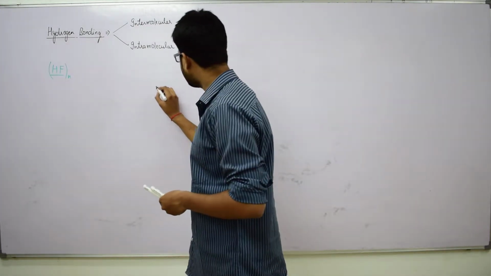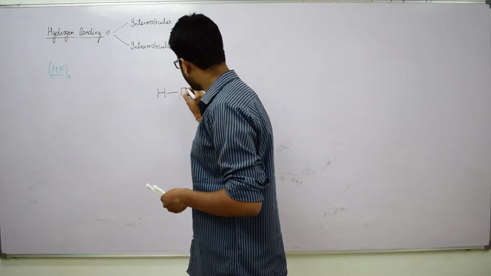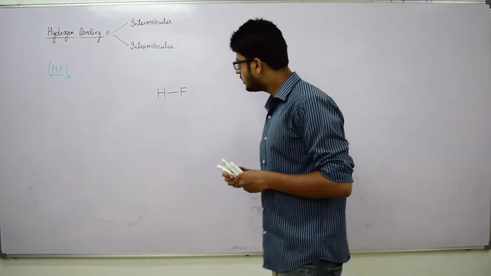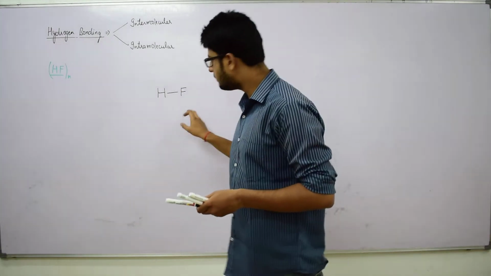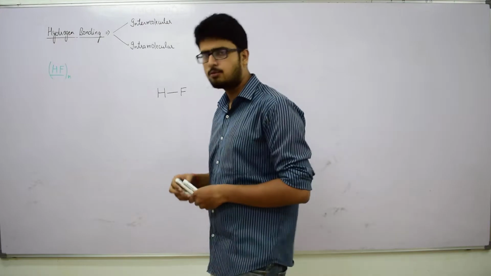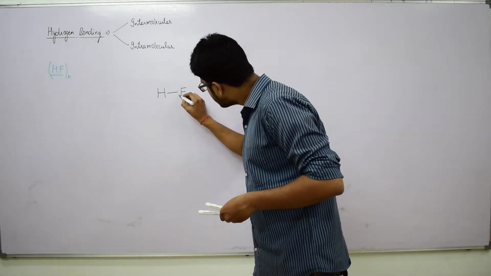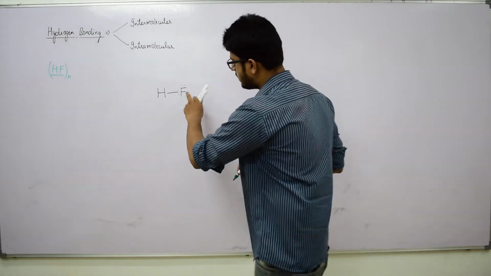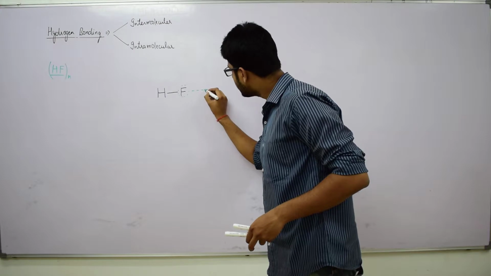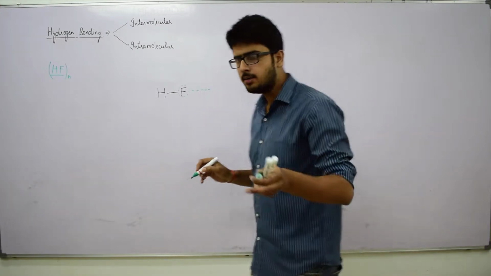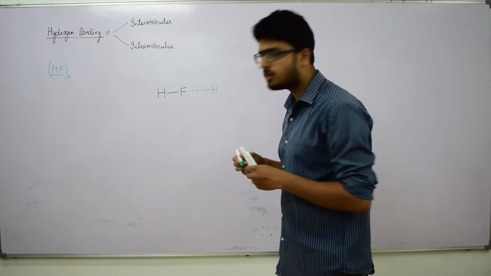So let us take a simple example of HF. We know this is a simple covalent bond between one hydrogen atom and one fluorine atom. This is our more electronegative atom, and it will be hydrogen bonded to the next HF molecule.